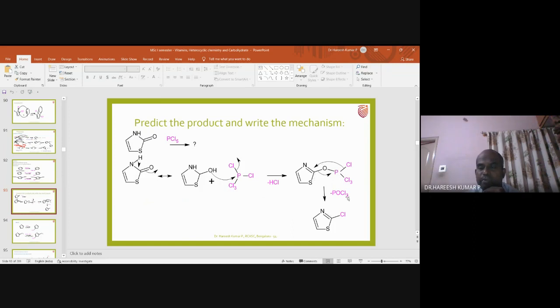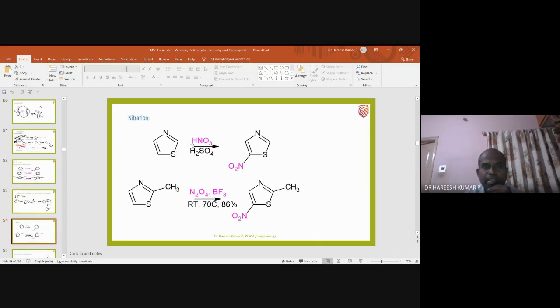Here the leaving group is phosphorus oxychloride and the product is 2-chlorothiazole. This is how you can answer the above question. With this, I will go to a few more reactions of thiazole.